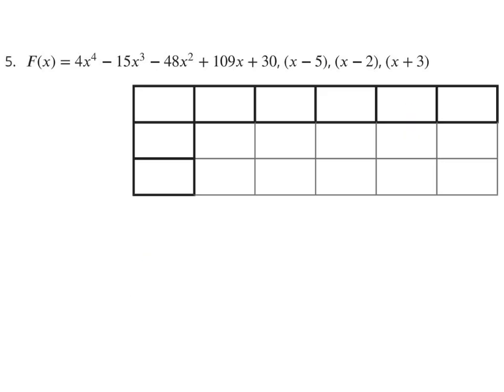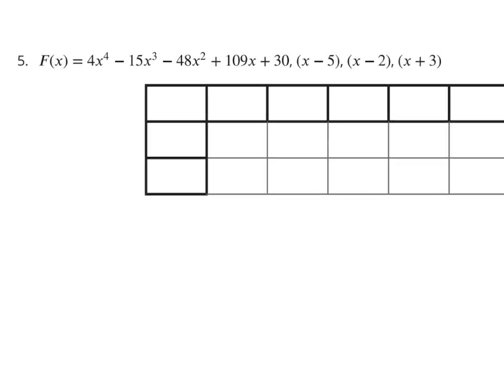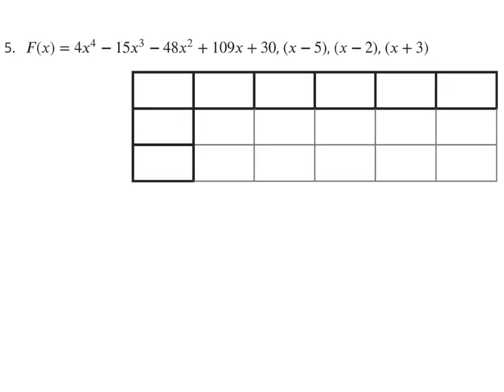Okay, notice again. They give us a 4x to the 4th term. They give us boxes and tell us to go for broke. So I have to match x and minus 5 is my original. What makes 4x to the 4th? 4x cubed gives me 4x to the 4th. Negative 20x cubed.